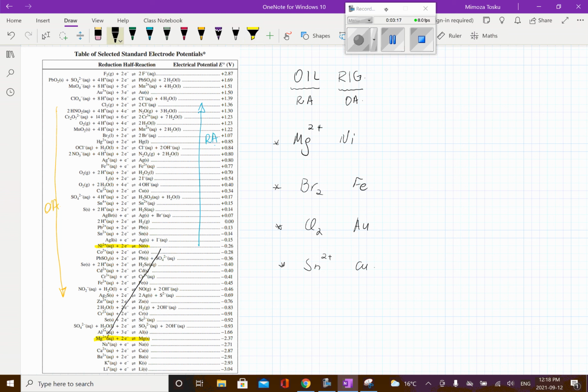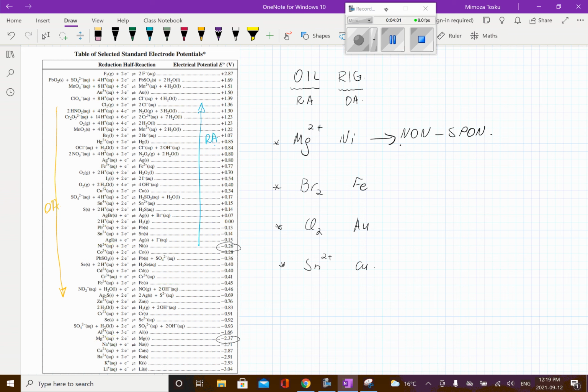Now you can use the other method, working with the electric potential difference. You can have plus 0.26 V, but because you are flipping the reaction, it will be a negative value, which means it is a non-spontaneous reaction.